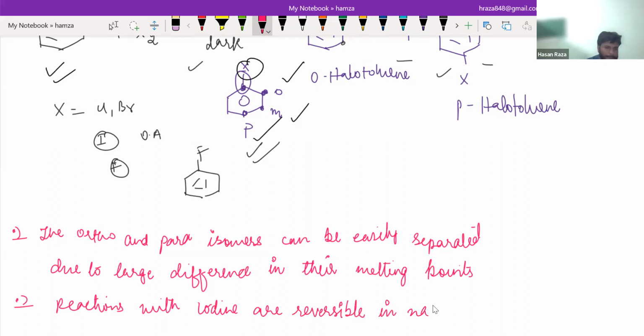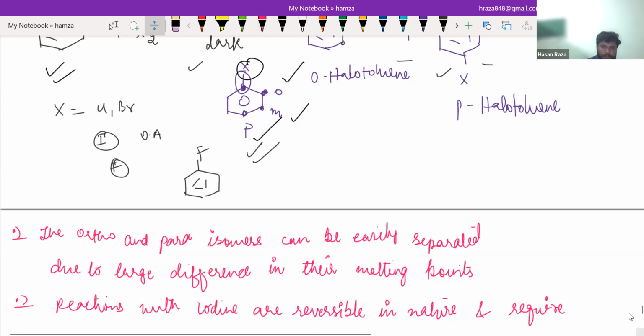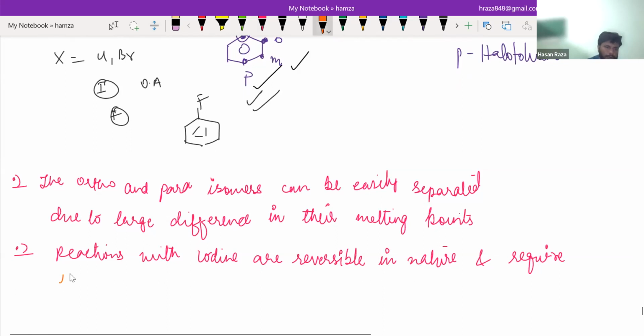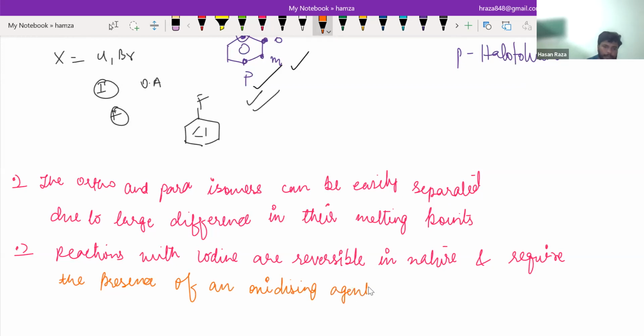Reversible in nature and require the presence of an oxidizing agent, HNO3 or HIO4, which oxidizes the HI formed during iodination.